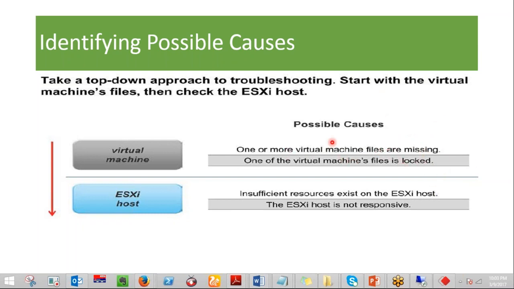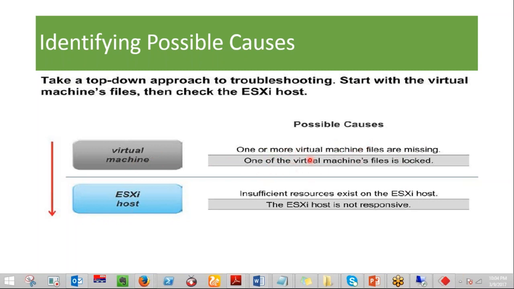Then you can't power on your virtual machine, and clearly in the tasks and events of the virtual machine you can see the .vmx configuration file was missing. If a vswap file is missing, the same error will be displayed. Even if any VMDK is missing, that VMDK missing information will be displayed in your virtual machine tasks and events.